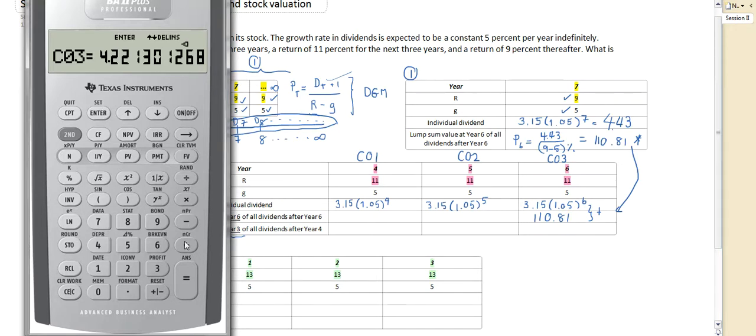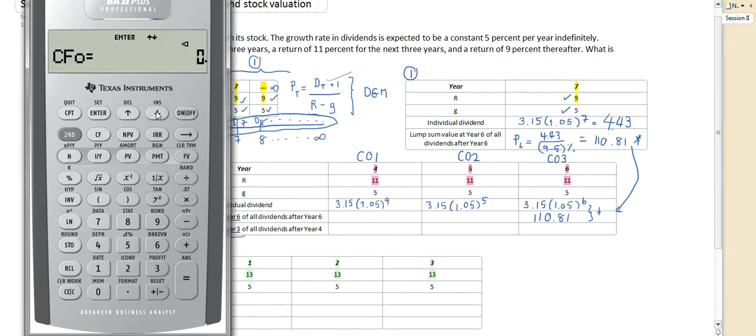Oh, sorry, you have to add with 110.81, so plus 110.81 equal, and enter. Okay, so to check that we have everything that we need.